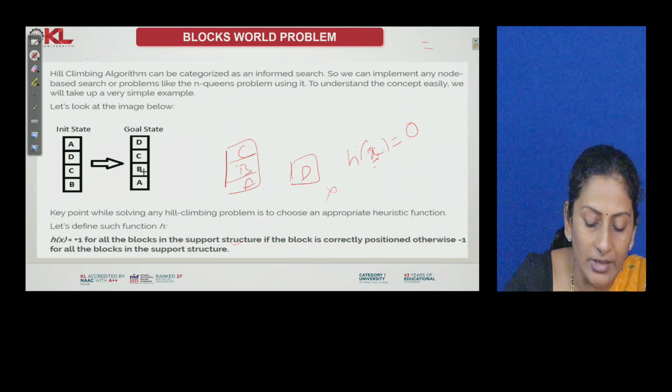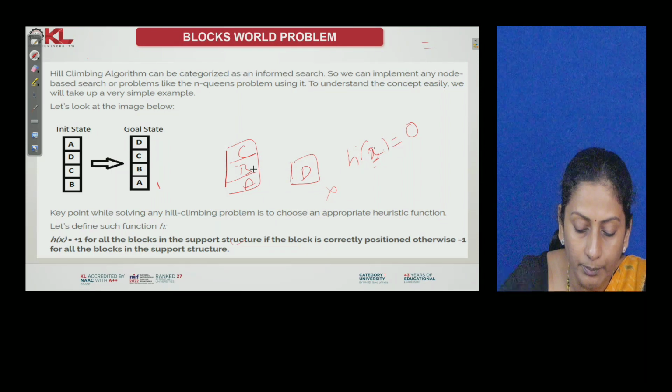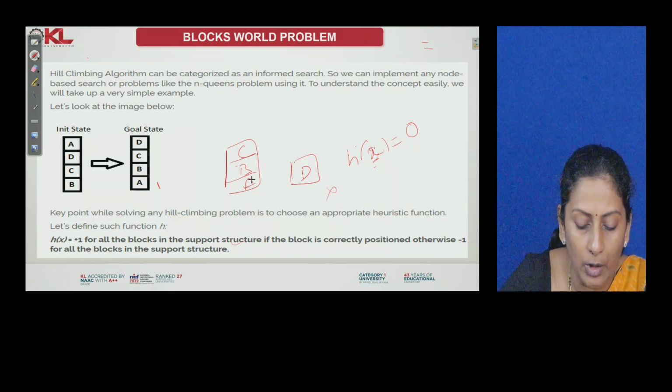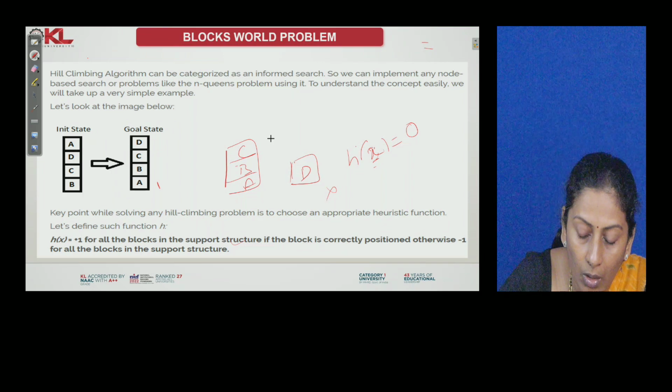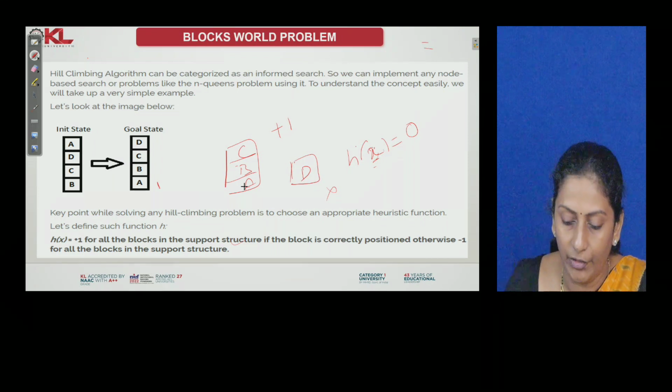And consider now B. In the goal state there is one block below B, and here there is one block below B, so it is correctly placed. Both are the same, so I will add +1 because one block is correctly placed, right?